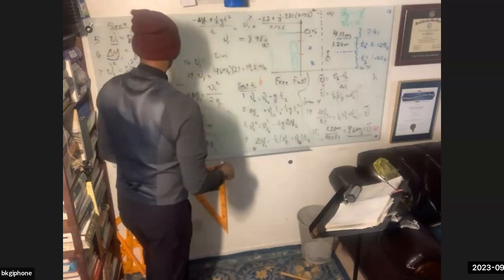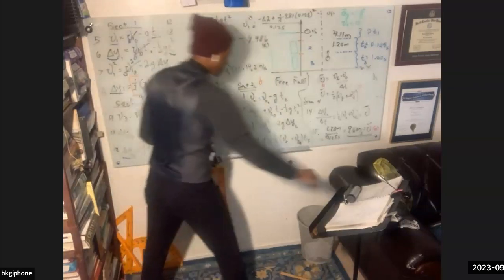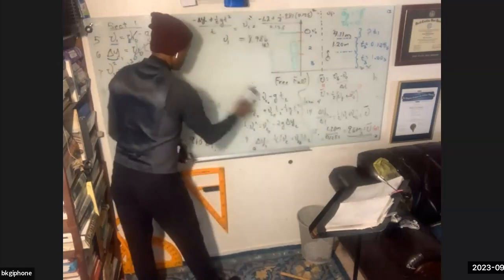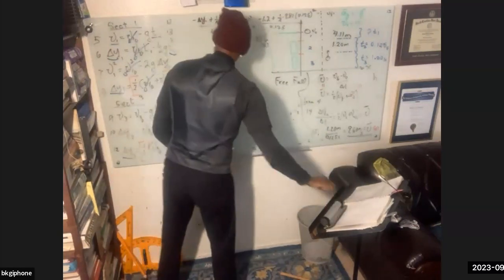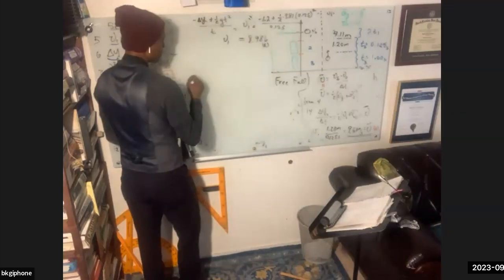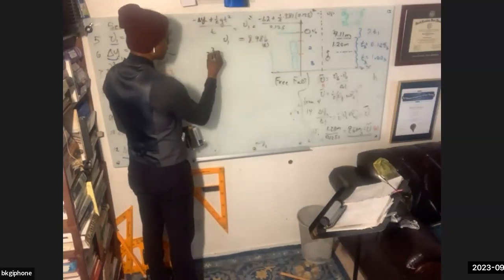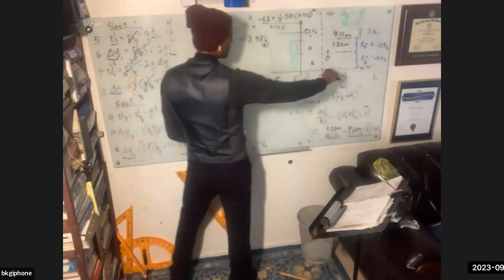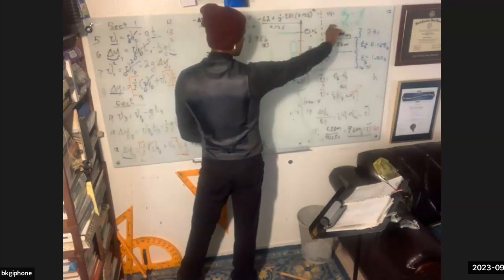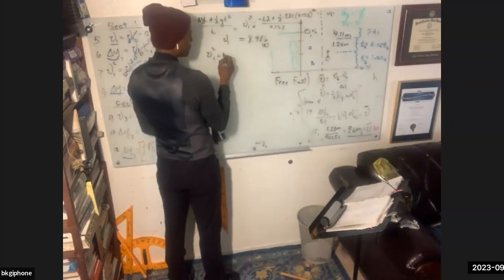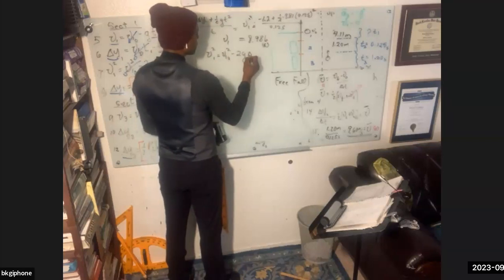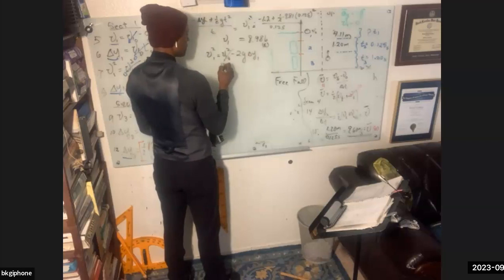Then you can use that in the position equation, or the velocity squared equation. So that velocity squared in this section, right? Because the initial velocity is 0. So V1 squared is equal to V1 naught squared minus 2 G delta Y1. That's 0.